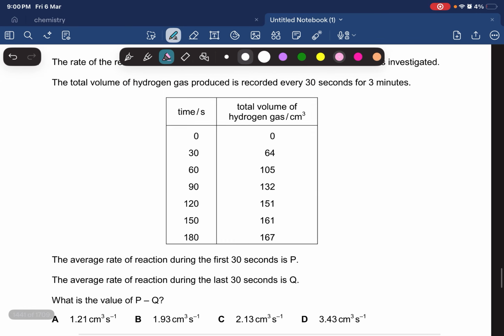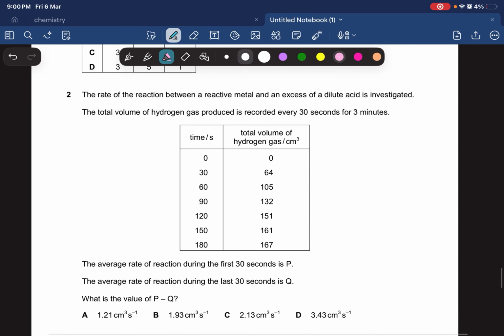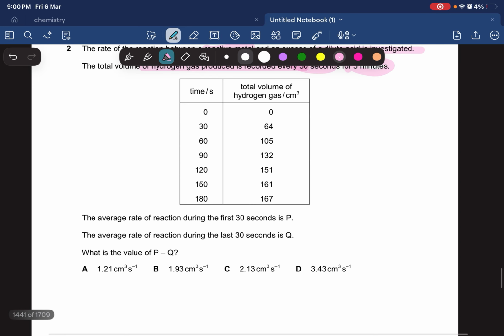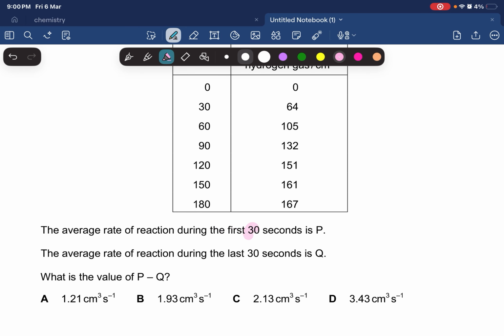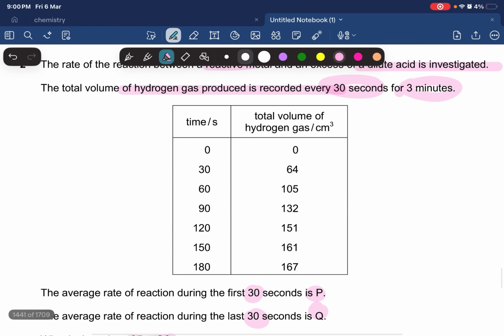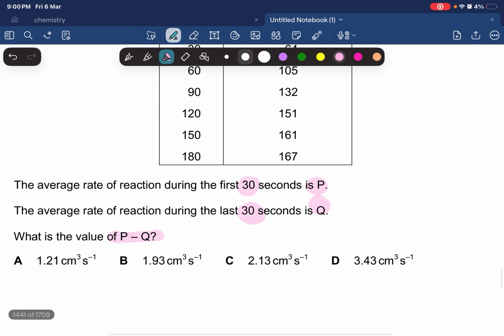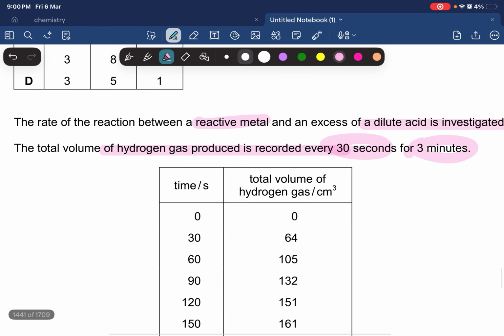Okay. The rate of the reaction between a reactive metal and excess dilute acid is investigated. The total volume of hydrogen gas produced every 30 seconds for 3 minutes is known. Okay, the average rate of the reaction during the first 30 seconds is P. The average rate of the reaction during the last 30 seconds is Q. What is the value of P minus Q? Okay, the average rate of the reaction is given in cm³ per second.